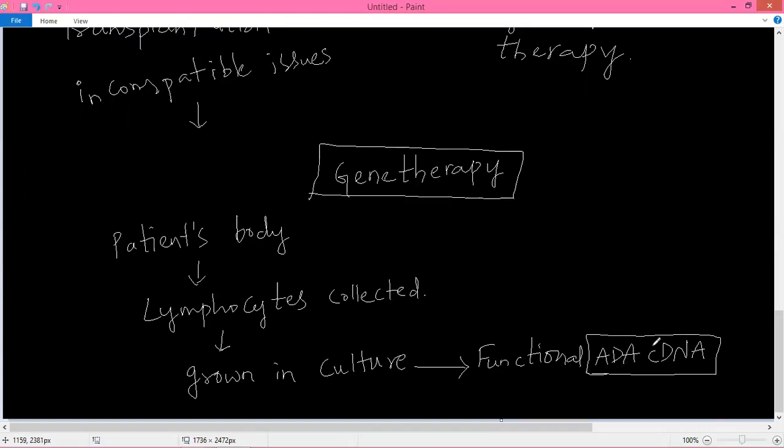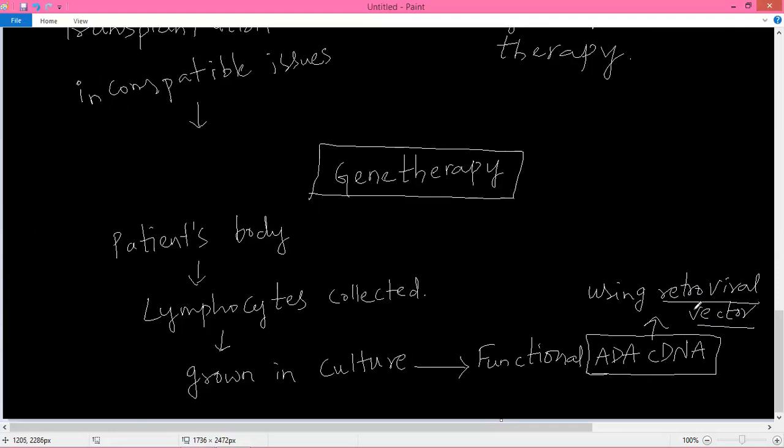This gene is transferred by using a retroviral vector. We have to use some vector to transfer DNA, right? So that vector here is a retrovirus, a virus which can perform reverse transcription of its RNA to form DNA.